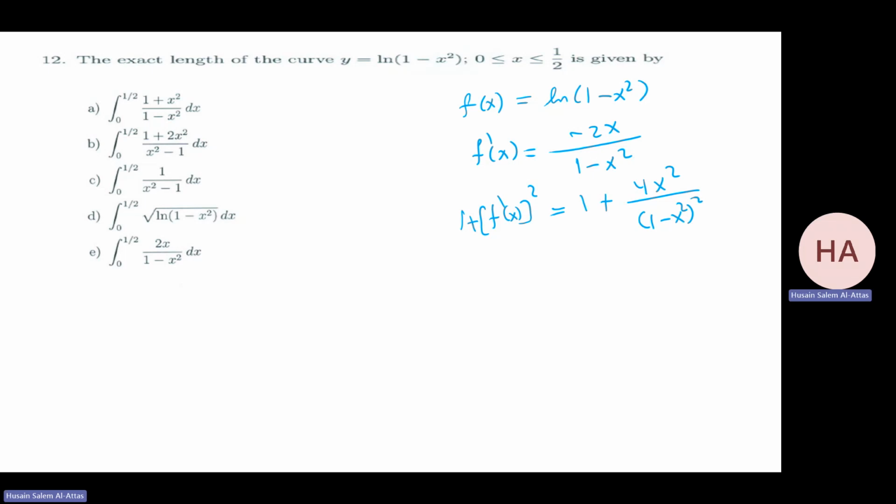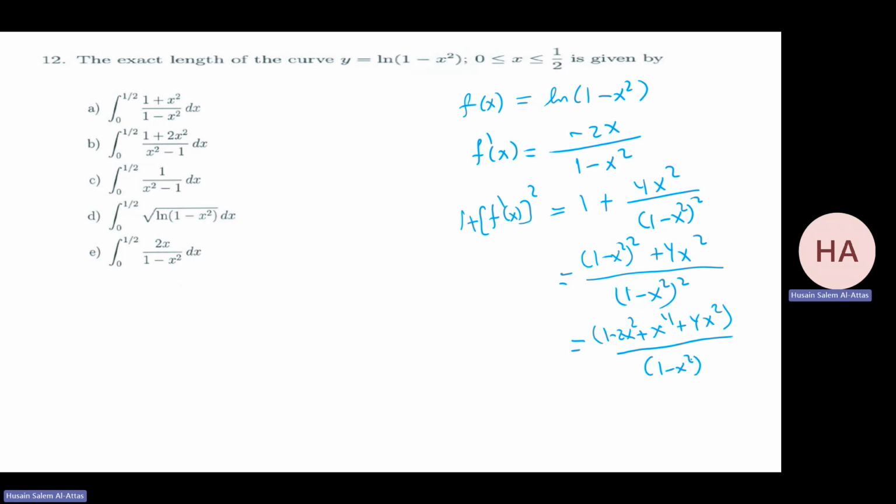Okay, that gives me what? In the numerator, 1 minus x squared, squared, plus 4x squared over 1 minus x squared, all squared. Be careful there. I have 1 minus 2x squared plus x to the power 4 plus 4x squared over this.